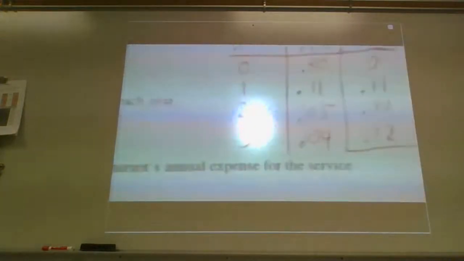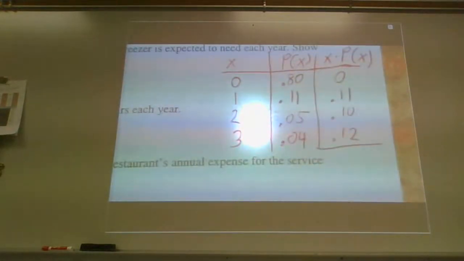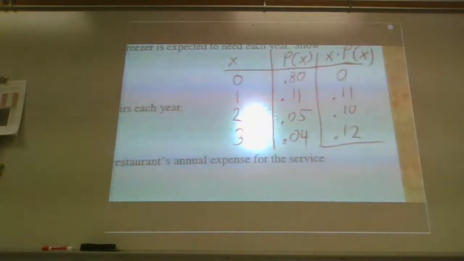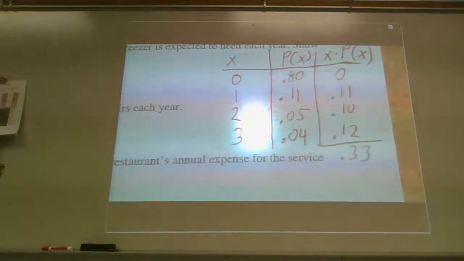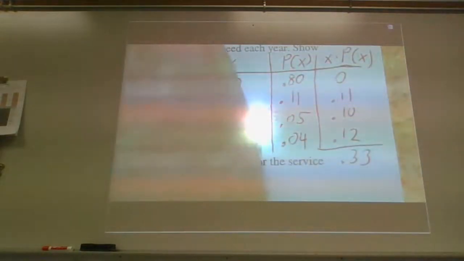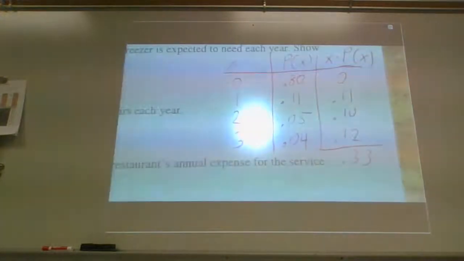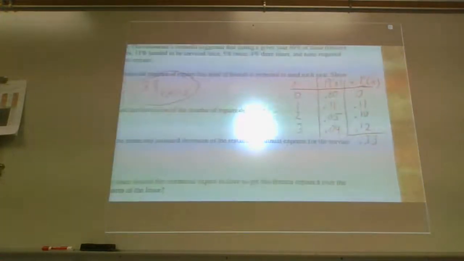Let me zoom in. There we go. And then what do I do with those 4 numbers? Sure, 0.33 repairs. I can't see what I wrote. Zooming out. There we go.